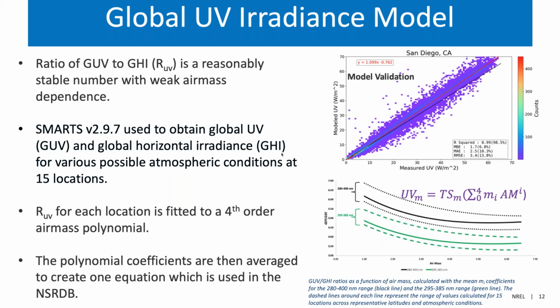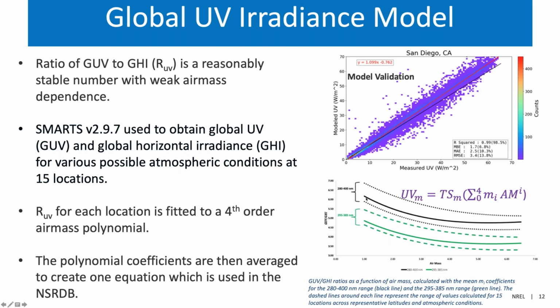Then ultimately what we did was we fitted the REV for each location to a fourth order air mass polynomial. There's slight difference in its coefficients, and you can see it on the right hand side. These dotted lines are basically the range you get for the REV and for different air masses.